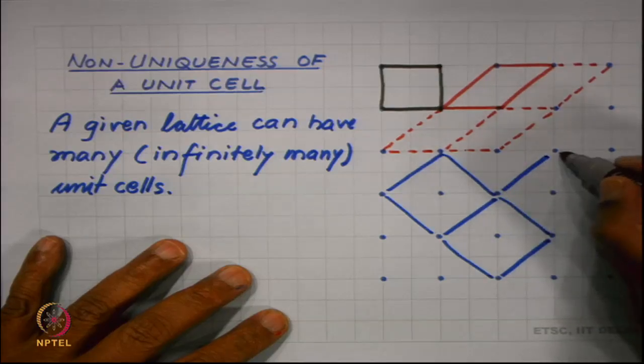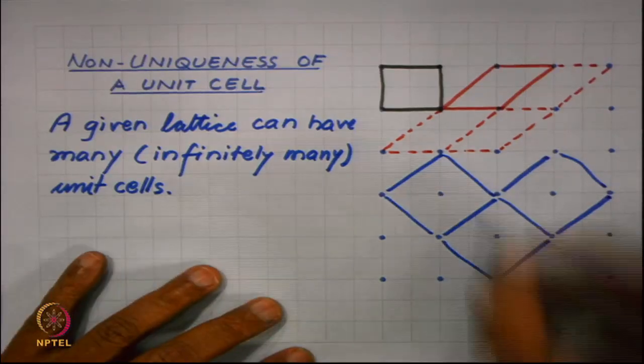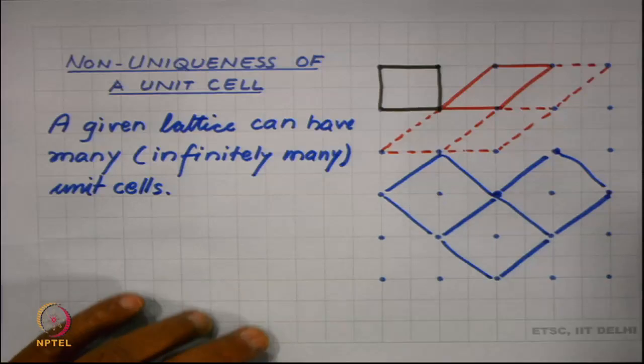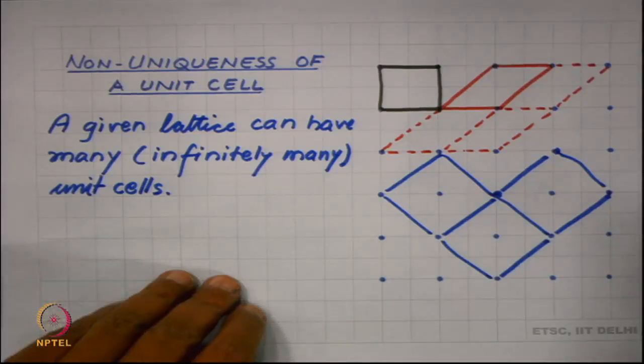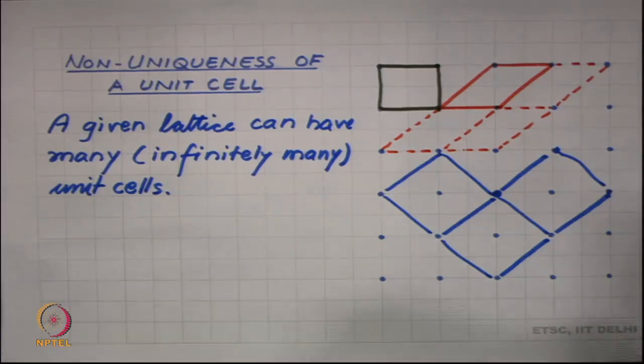This is also possible. So, we have many different unit cells for the same lattice.